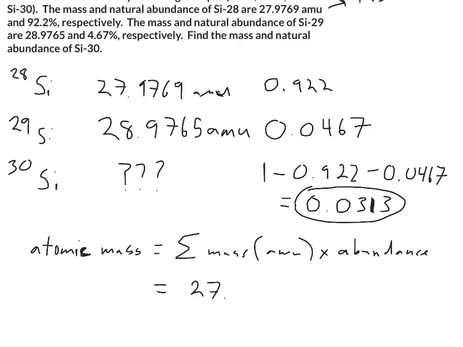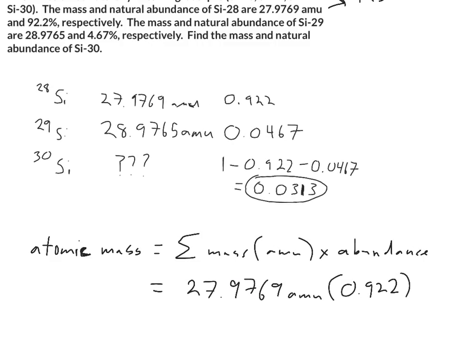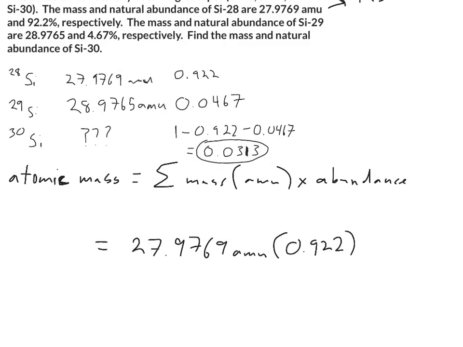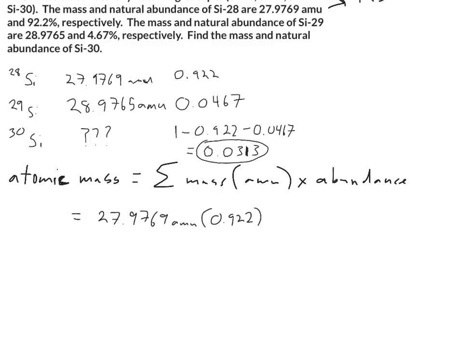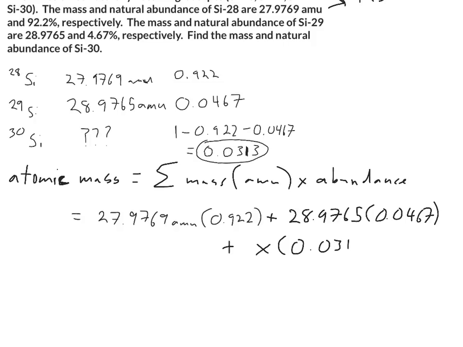So we start with silicon 28, silicon 29, and silicon 30 we don't know, so I'm going to use the variable x times 0.0313.